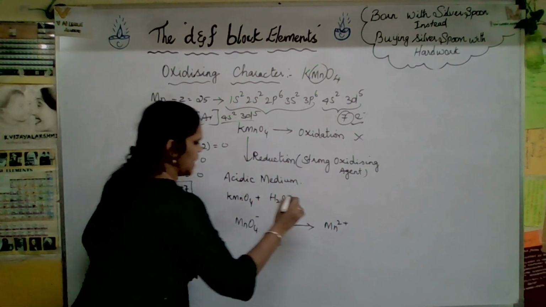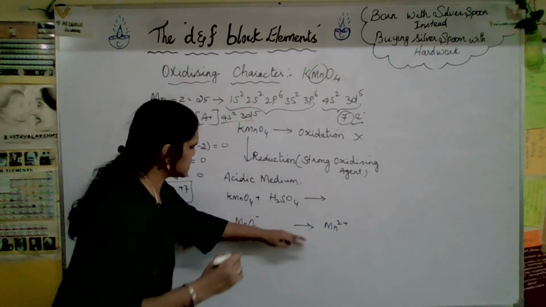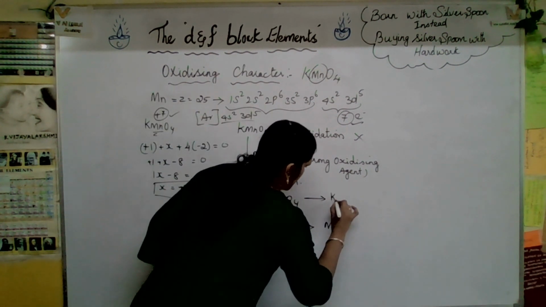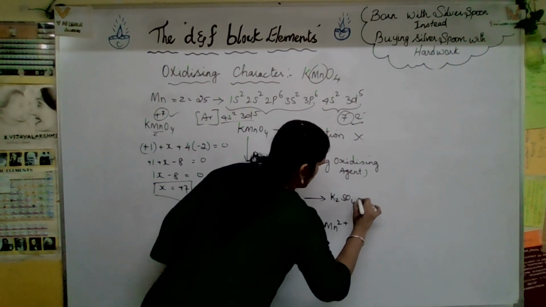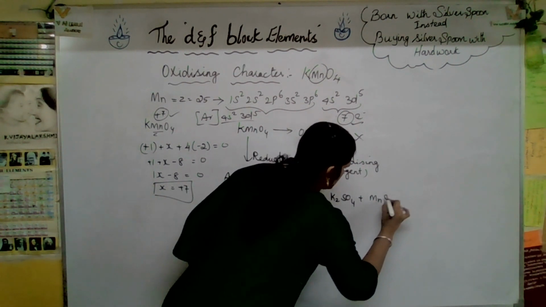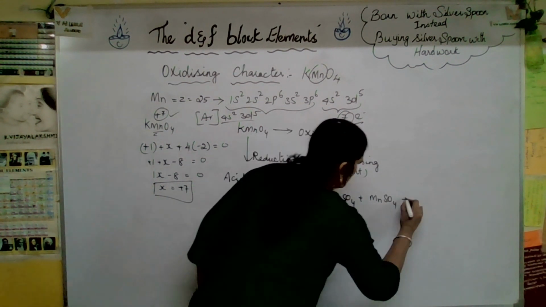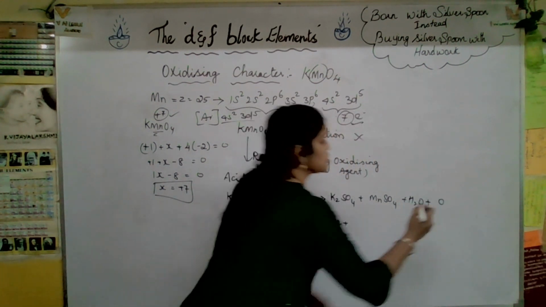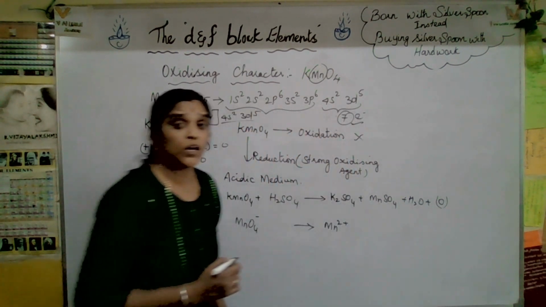Right? Okay, now we'll write this equation as well as simultaneously the ionic equation. So here K2SO4, MnSO4, H2O plus O, nascent oxygen. You will get nascent oxygen.